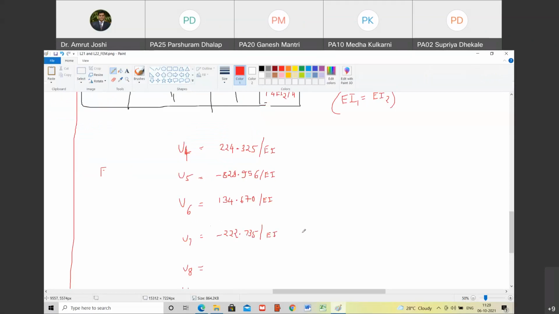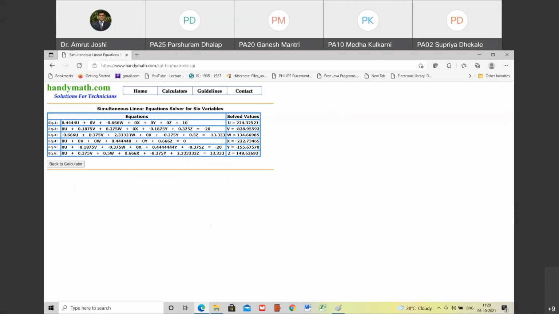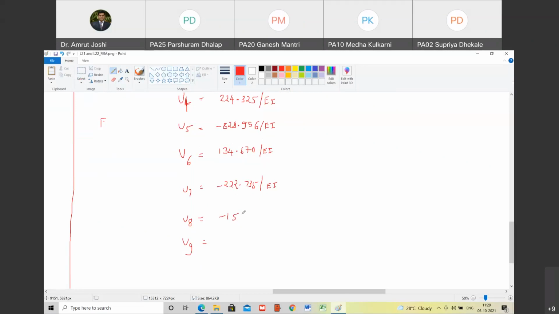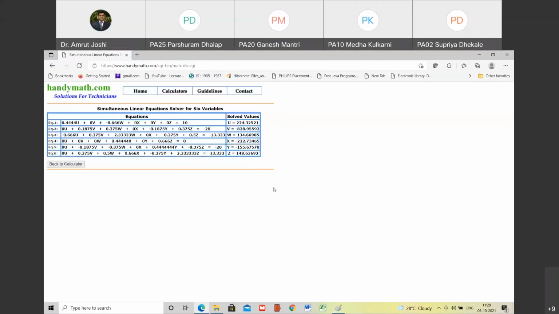Happy? Then minus 155.676. No, 222 is plus, no, it is minus. Are you able to see that minus sign here? No, sir. X is equal to minus 222.735. So only I see the minus sign in V, Y.